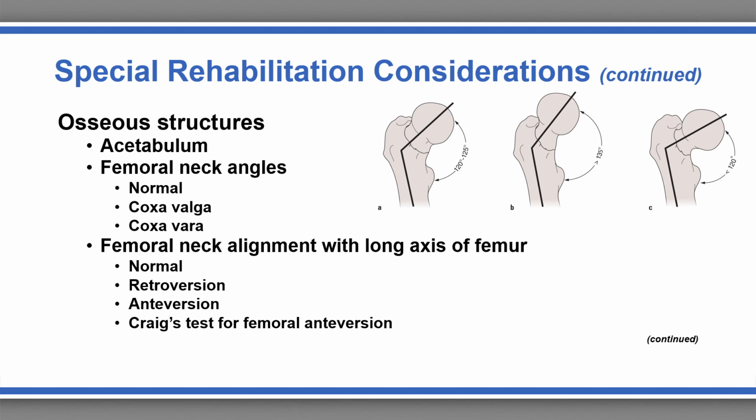It is performed with the patient lying prone and the knee flexed to 90 degrees. The rehabilitation clinician can move the patient's thigh into medial rotation until one palpates the greater trochanter and reveals that it is parallel to the tabletop.